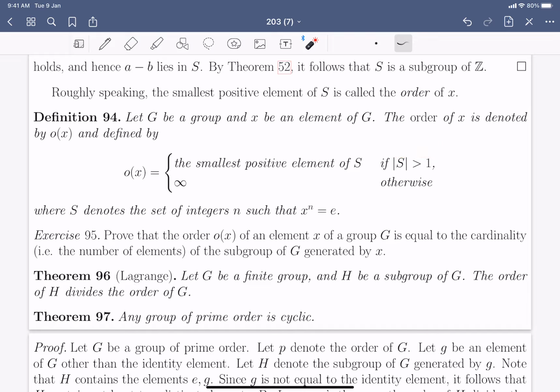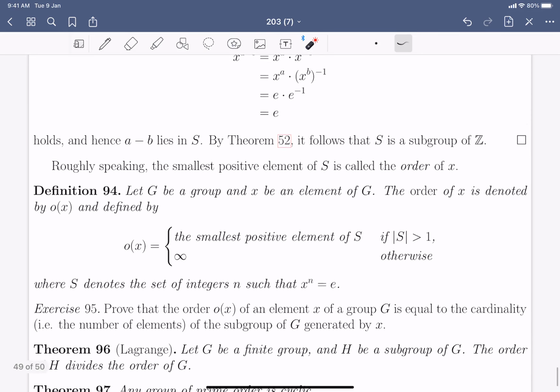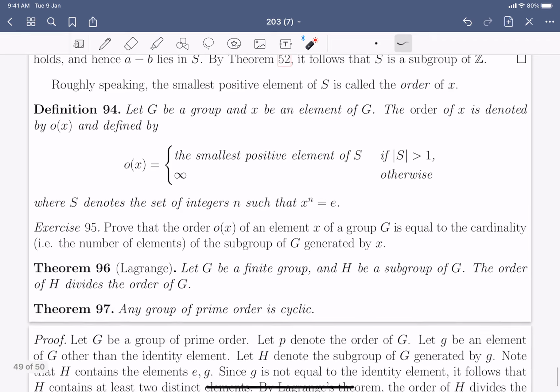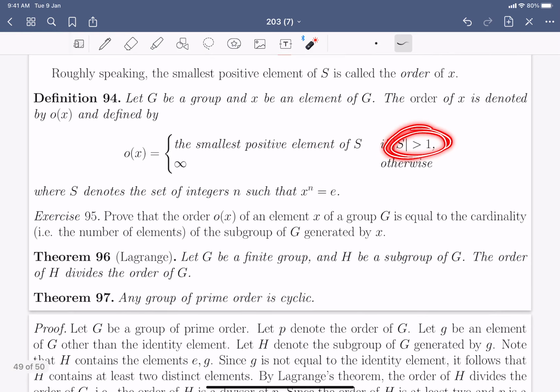And apart from 0, if you have some non-zero integer within S, then either that or its inverse is positive, and the inverse has to lie within S, because we have already proved that S is a subgroup, right? So in this case you pick the smallest positive element of S, and if this is not the case, then you define the order of X to be infinity, okay?